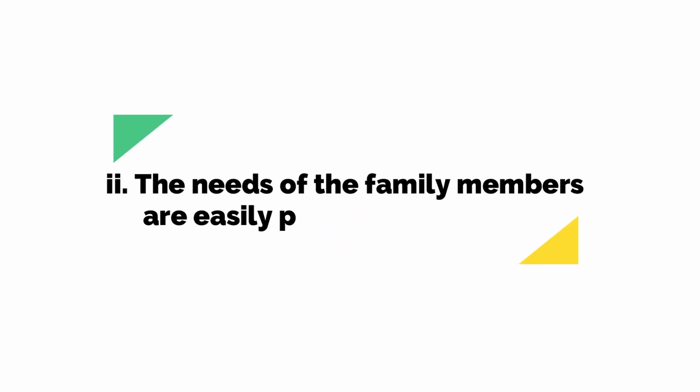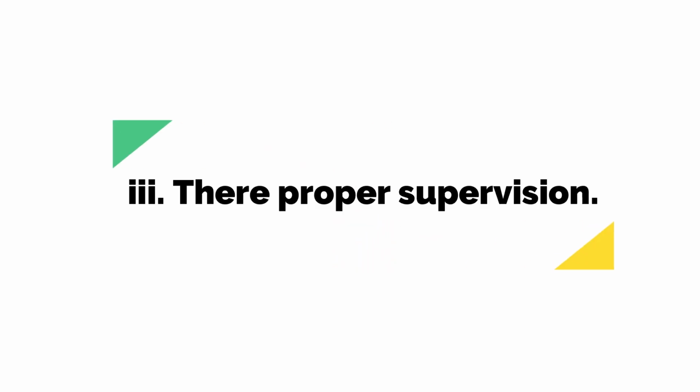The needs of the family members are easily provided for the same reason, as the number of the family is less. There is usually proper supervision since parents closely monitor the affairs of their children.